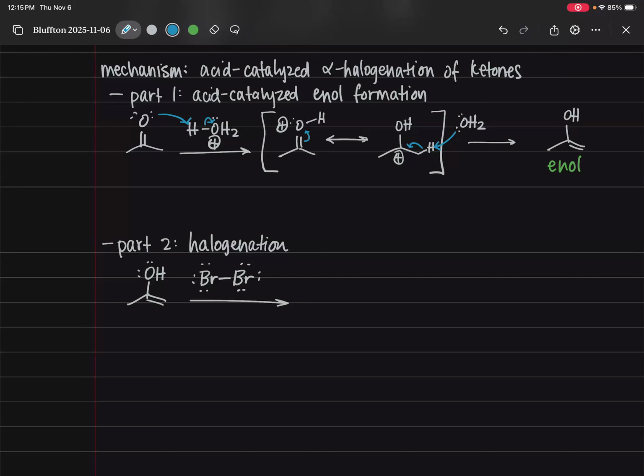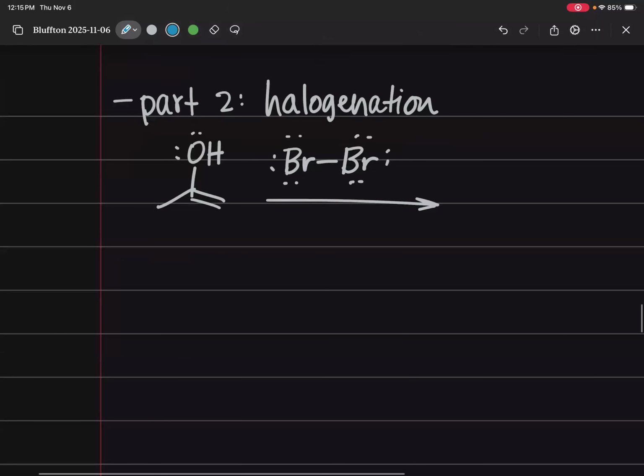And so in order to form a bond between the nucleophile and the electrophile, which in this case is the bromine, we're going to move one of the oxygen lone pairs down to form a double bond. So this is remaking our ketone in a way.